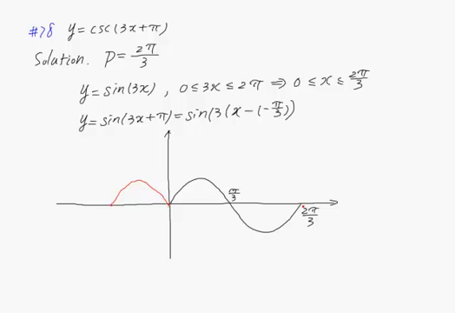And this point shifted to this point, and this point shifted here. Okay, so this red one is the graph of y equal to sine of 3x plus pi.